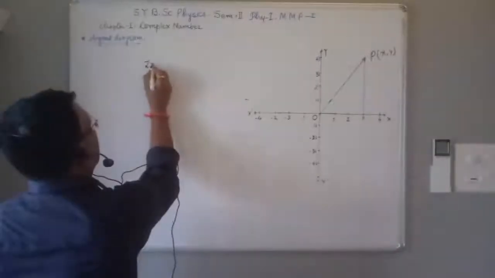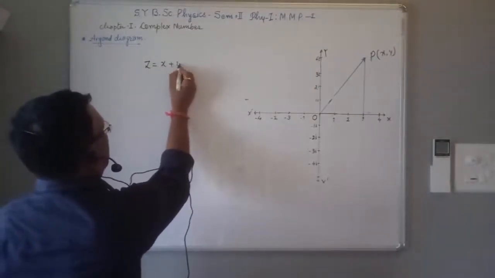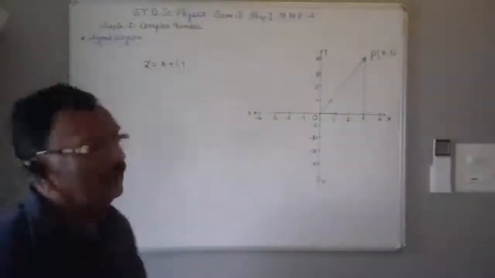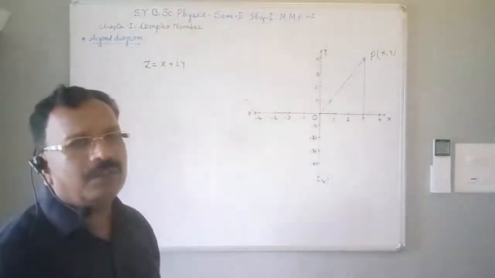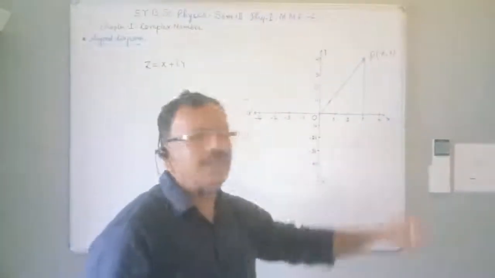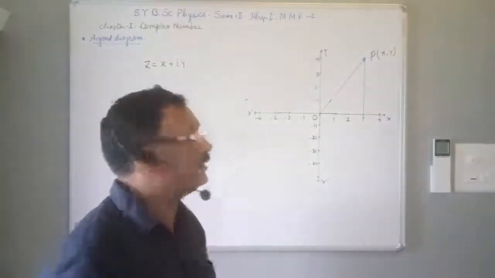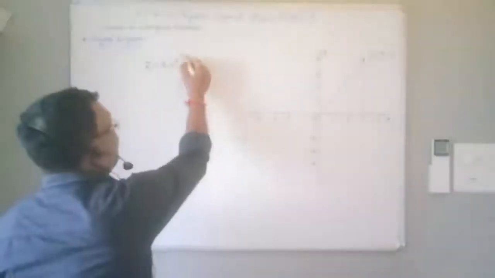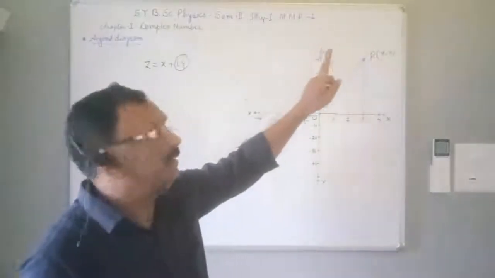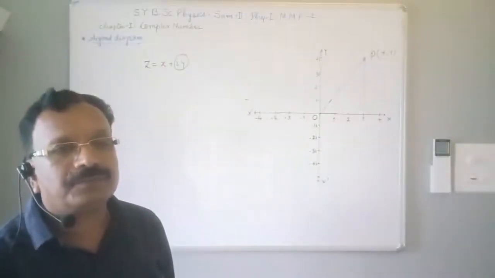Complex number Z is represented as Z is equal to x plus iy. Here x is the real part of complex number, and this real part is plotted along x-axis, and hence x-axis is known as axis of reals, and imaginary part of this complex number is plotted along y-axis, and hence y-axis is known as axis of imaginaries.